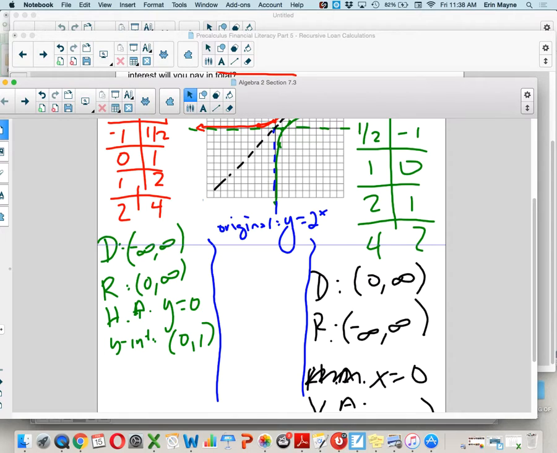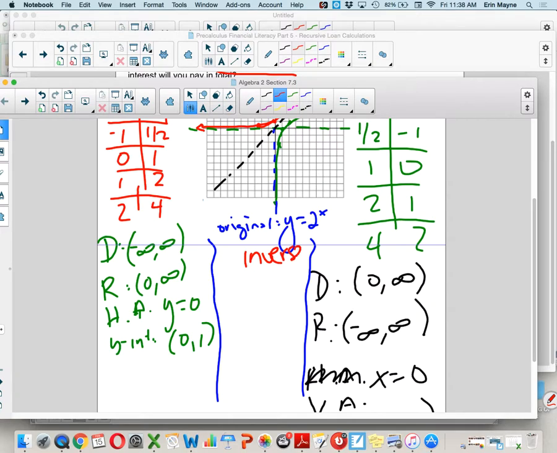So are you watching? I'm going to do exactly what Ian just said. I'm going to switch the x and the y. And then what? But isn't that our problem? Our problem is how do we solve when the variable that I'm trying to get out is stuck in the exponent? So here's the fundamental concept from section 7.3.